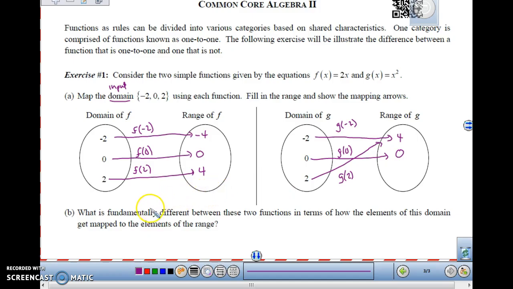Each element of the domain for f of x is mapped to a single element of the range. No outputs are repeated.